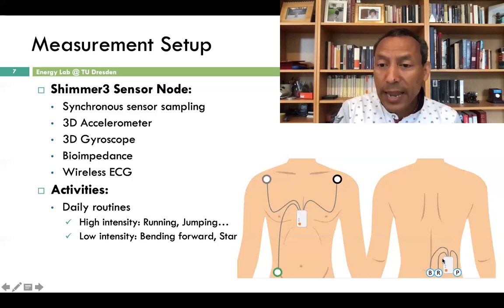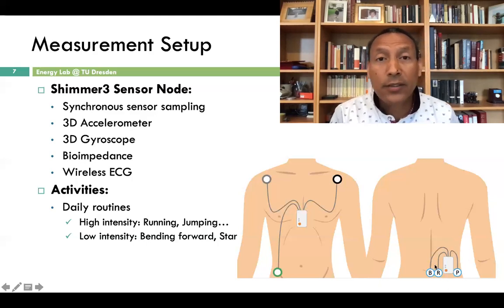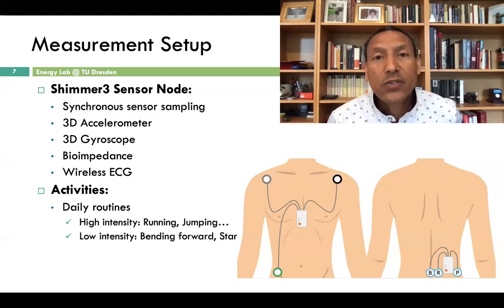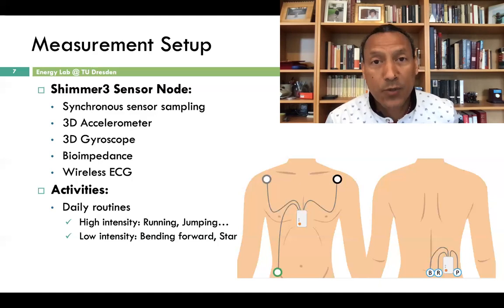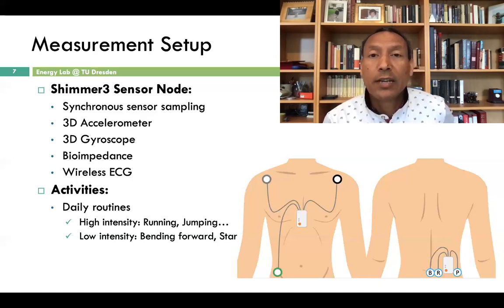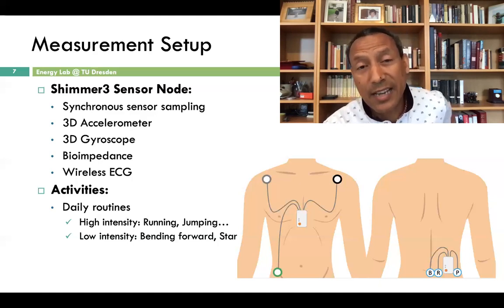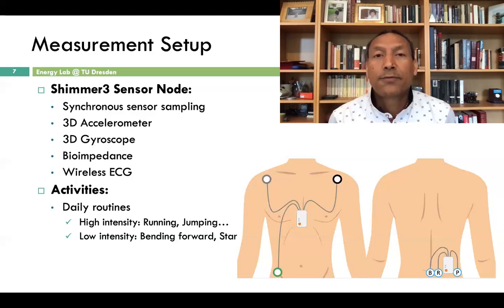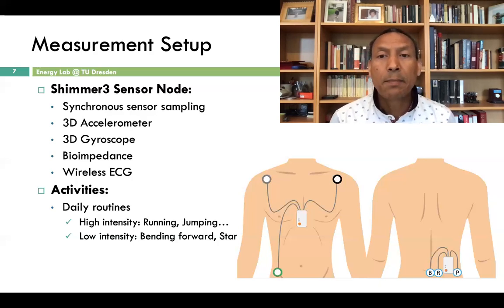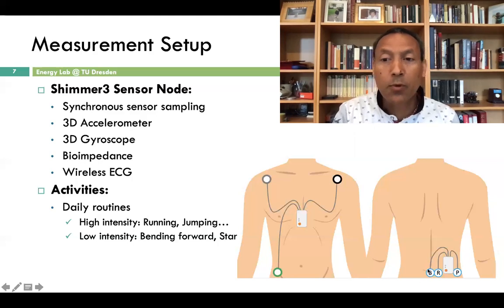So if we take motion from this point at the back, we don't sense strong electrocardiogram signals because the electrocardiogram signal does not travel that far. But we can measure the motion.